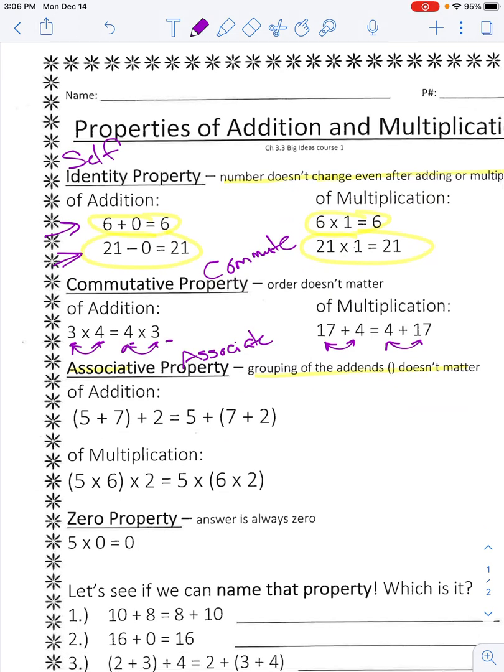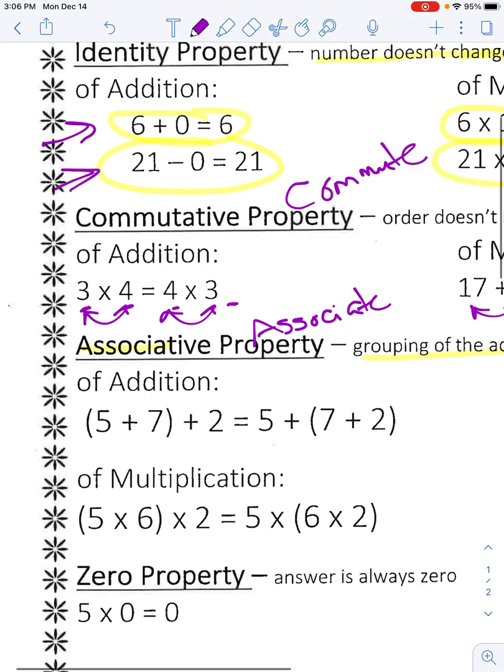So the associative property has to do with those parentheses. Remember, parentheses always go first when you're solving. So it's who they're hanging out with. Look at the problem, 5 plus 7 plus 2. On the left side, the 5 is hanging out with the 7. On the right side, now the 7 is hanging out with the 2. Either way, it's 5 plus 7 plus 2 on both sides of the equation.